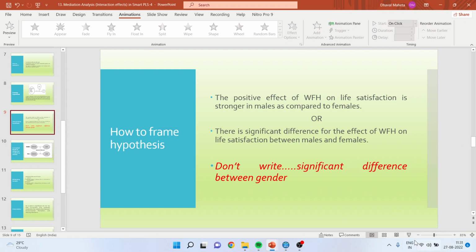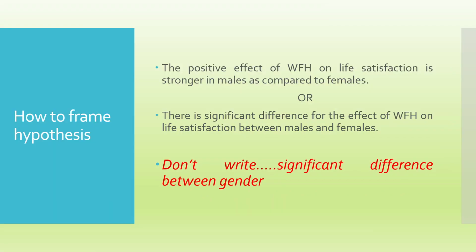Now the question arises, how to frame the hypothesis of moderation analysis. So we will write, the positive effect of work from home on life satisfaction is stronger in males as compared to females, or there is a significant difference for the effect of work from home on life satisfaction between male and female.